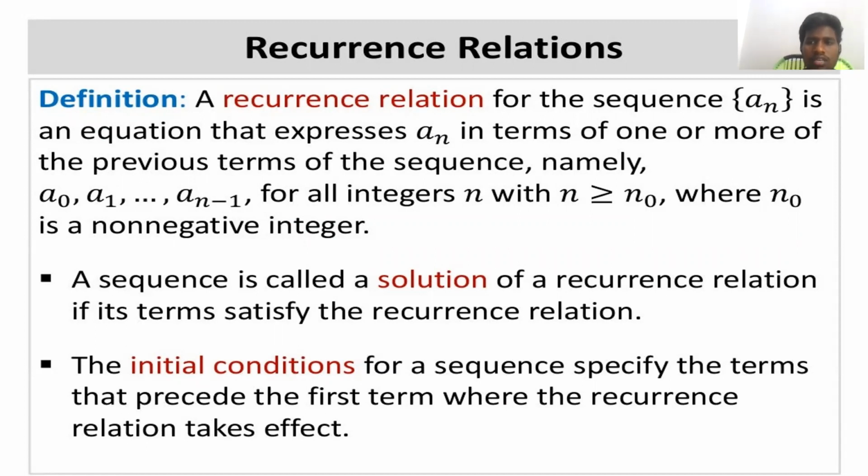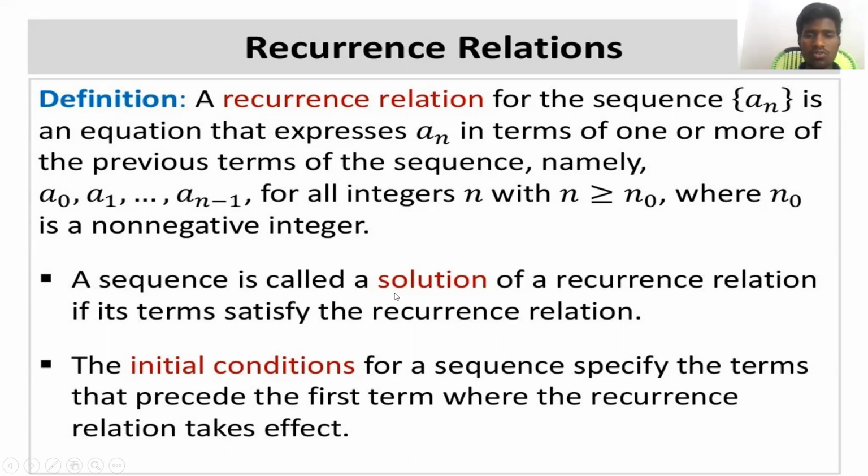Means the sequence should have the same relation between the previous and the next value. That is called the recurrence relation, where n is greater than or equal to n0, and n0 should be a non-negative integer.